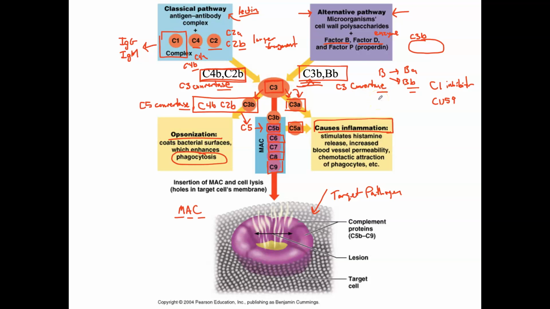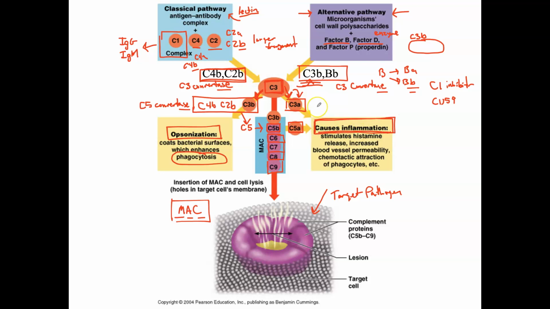Once you have C3 convertase, this will take the C3 complement protein, split it into C3b and C3a, and we are off and running in essentially the remainder of the classical pathway in order to create the non-specific defense mechanisms of opsonization, the membrane attack complex, and the inflammatory reaction.